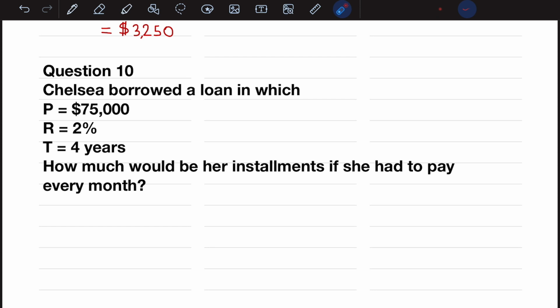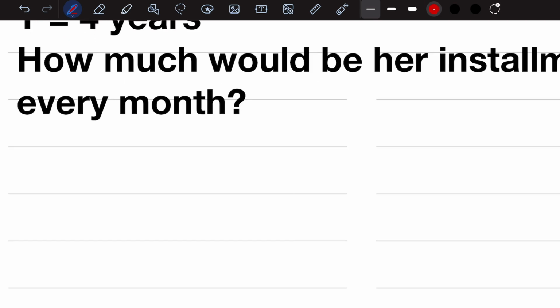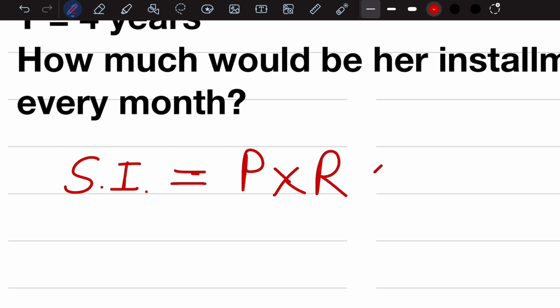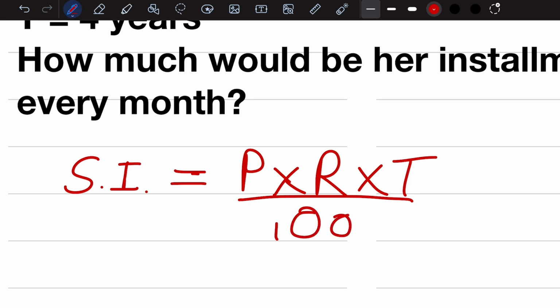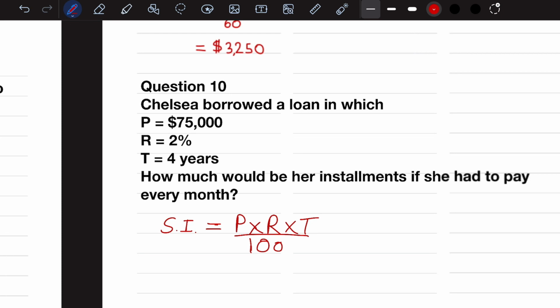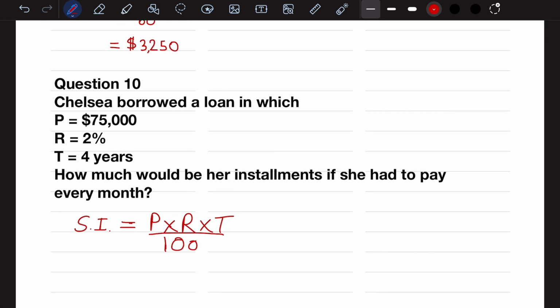So again, we need to work out the simple interest. So we know that simple interest is equal to principal by rate by time all over 100. Right, so the principal is 75,000.